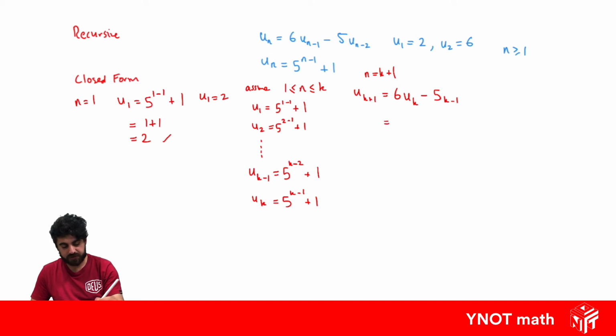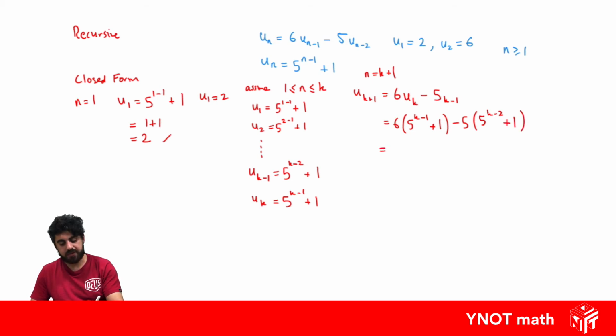Now we have expressions for u_k and u_(k-1), so we're going to get 6 times our definition for u_k, which is down here. So we get 6 times (5^(k-1) plus 1), minus 5 times our definition for u_(k-1), which is here. So we get (5^(k-2) plus 1).